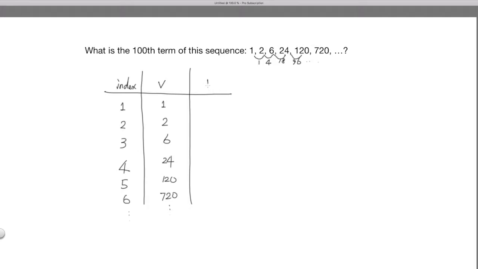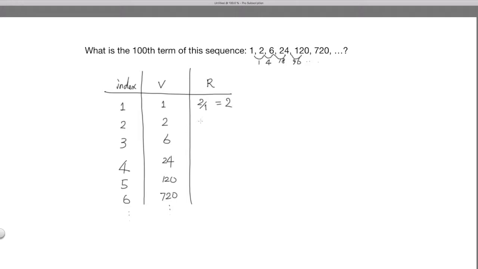Let's use R to represent the ratio between neighboring terms. So what are the values of this ratio? The value for the first term is the ratio of the second term and the first term. So 2 over 1 equals 2.